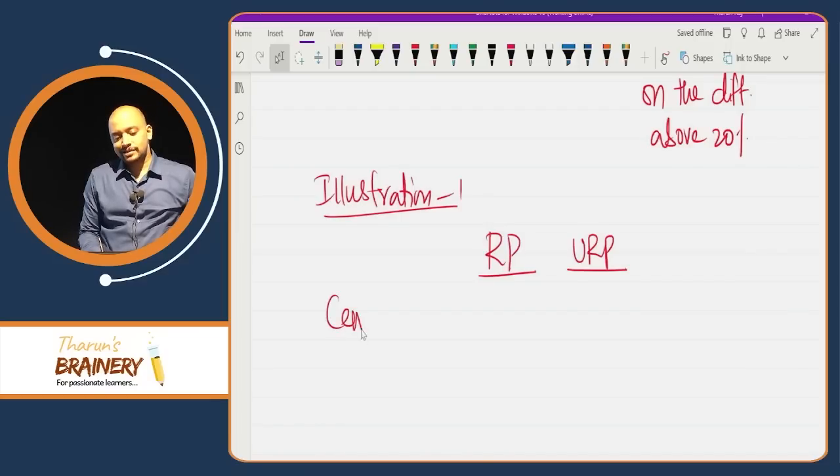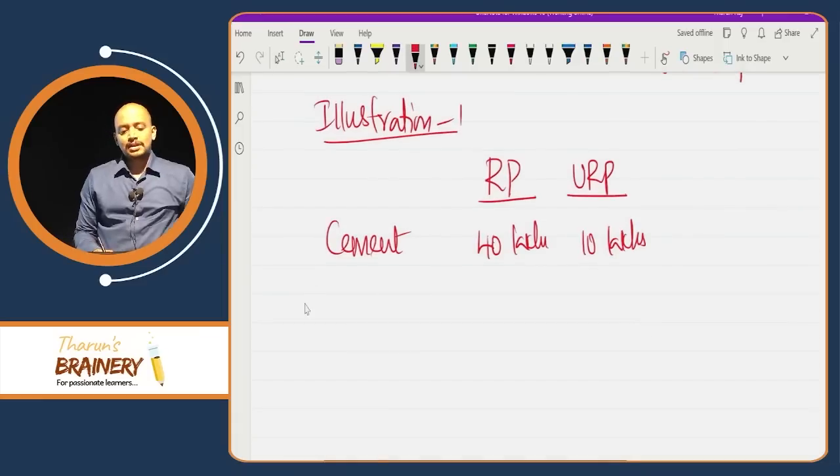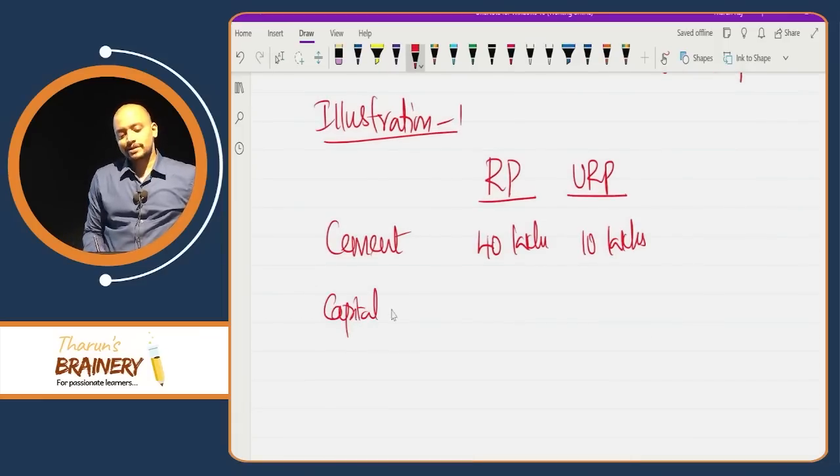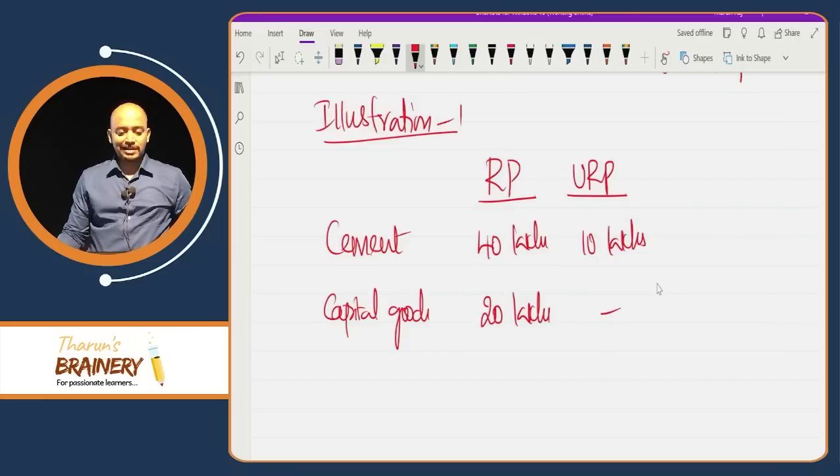So cement 40 lakhs, unregistered person 10 lakhs. Then capital goods, registered person 20 lakhs, unregistered person nothing.